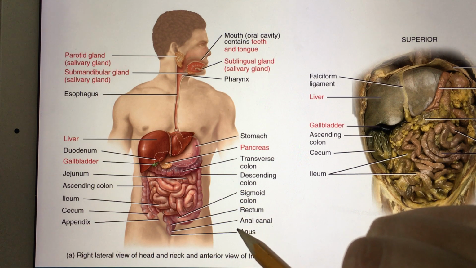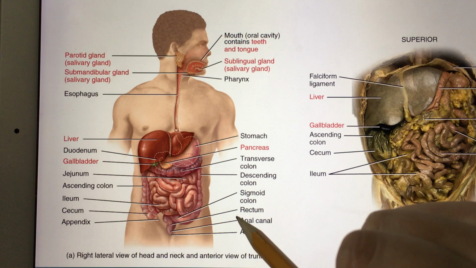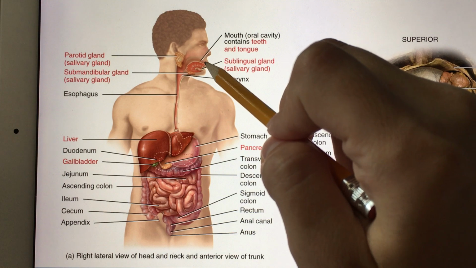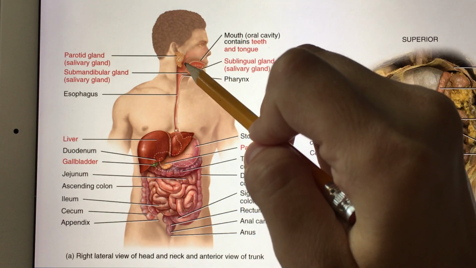So to review the entire digestive tract, the GI tract, the alimentary canal, which begins at the mouth. Then there's throat.